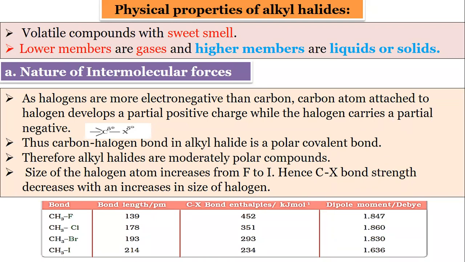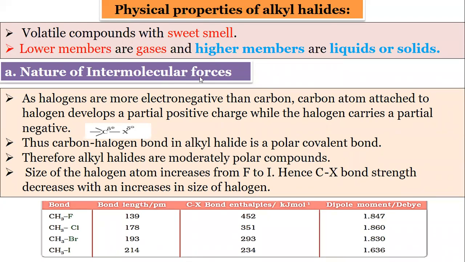All these alkyl halides have a sweet smell. Then the lower members are gases, meaning when there are 1, 2, 3 carbons. Higher members, with more than 15, 16, 17 carbons, are liquids or solids. This is about the lower members and higher members.